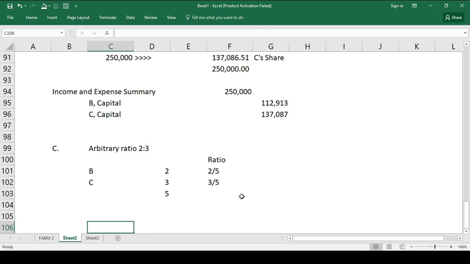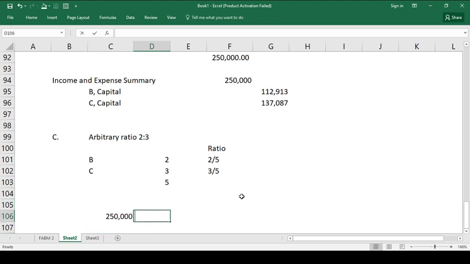So, simply, 250,000. Okay, magkano kaya ang B's share? Ganito lang po yung kasimple. That would be 250 multiplied by 2 over 5, or simply that is 40%, diba? That is 100,000.